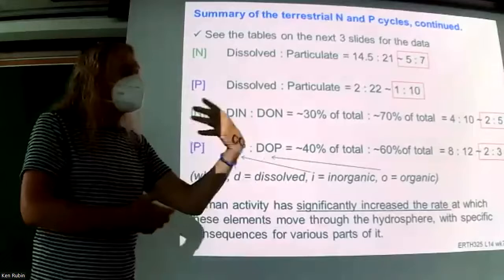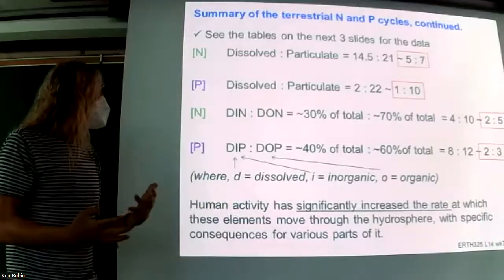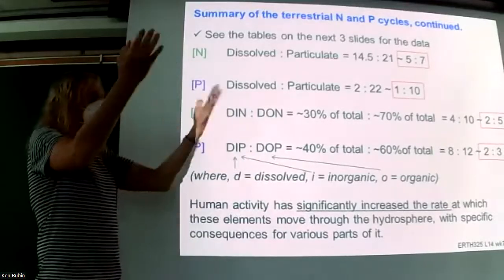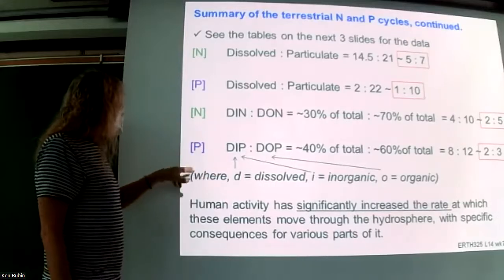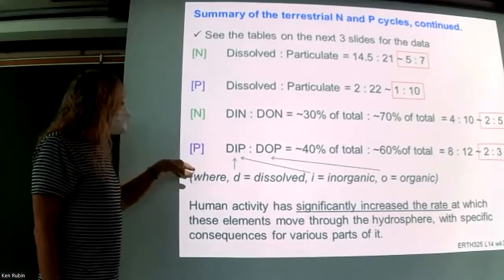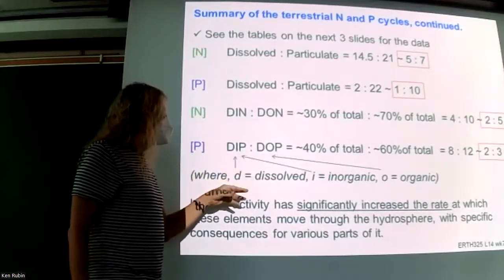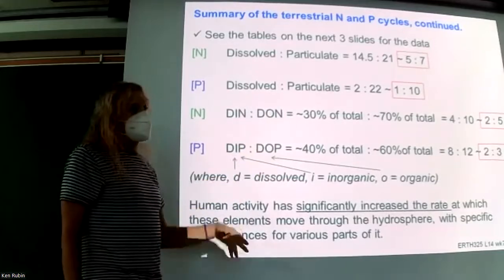Organic is the stuff that can be broken down by respiring organisms to make inorganic forms. We call that process remineralization. So you can see what that proportion is like. And for phosphorus, a slightly greater proportion is in the organic form, okay?